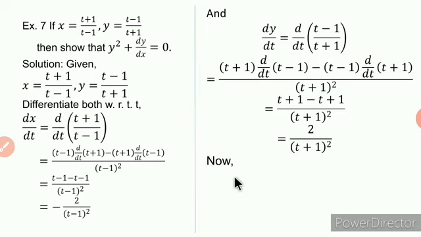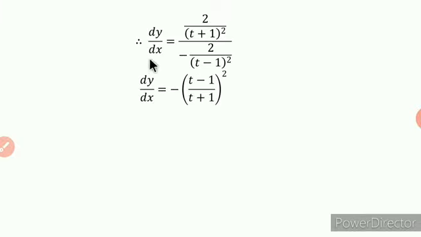Now we have dy upon dx is equal to dy by dt divided by dx upon dt. Now substitute here their corresponding values, means the values of dy by dt and dx upon dt. See what we get here. So dy upon dx is equal to 2 upon (t plus 1) whole square divided by minus 2 upon (t minus 1) whole square.